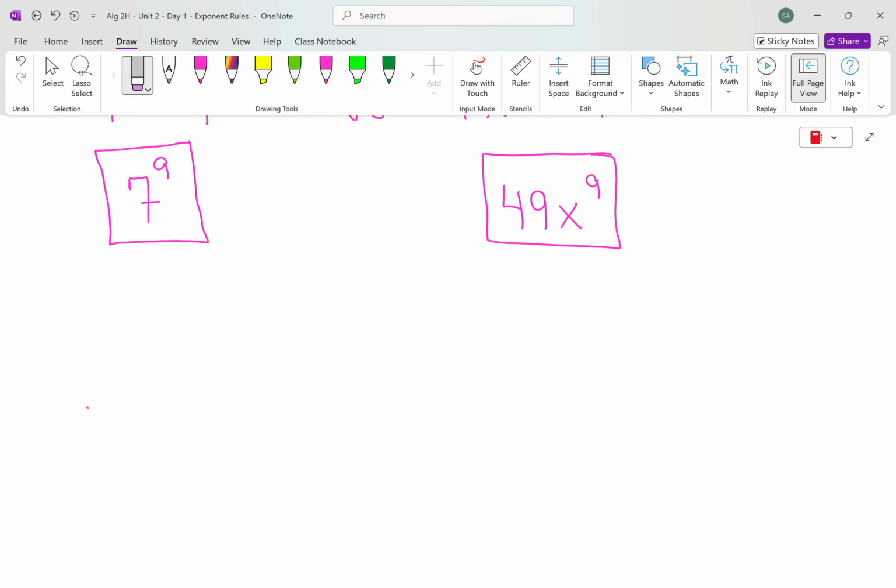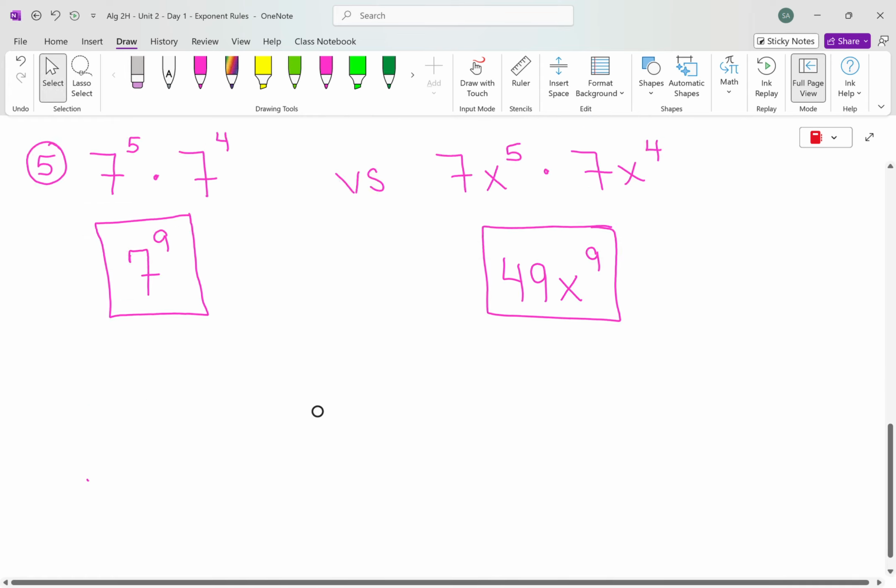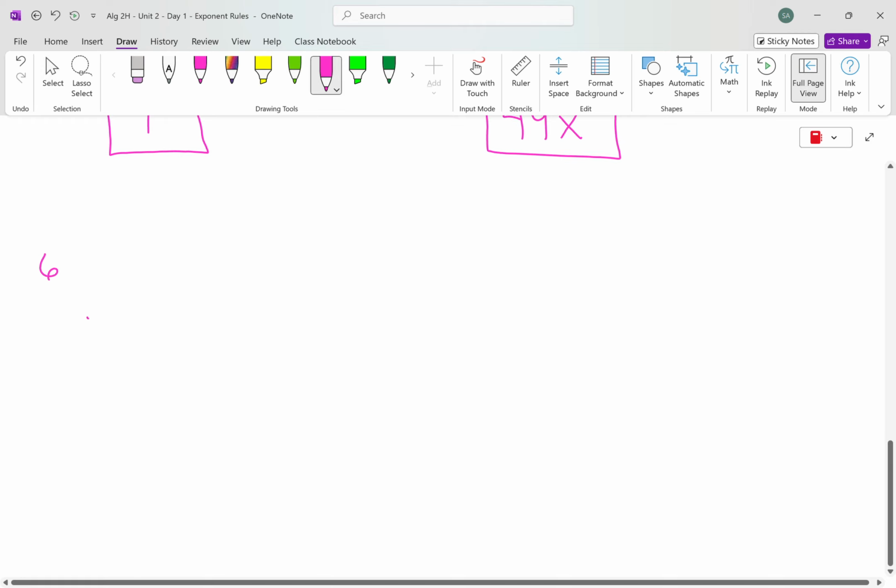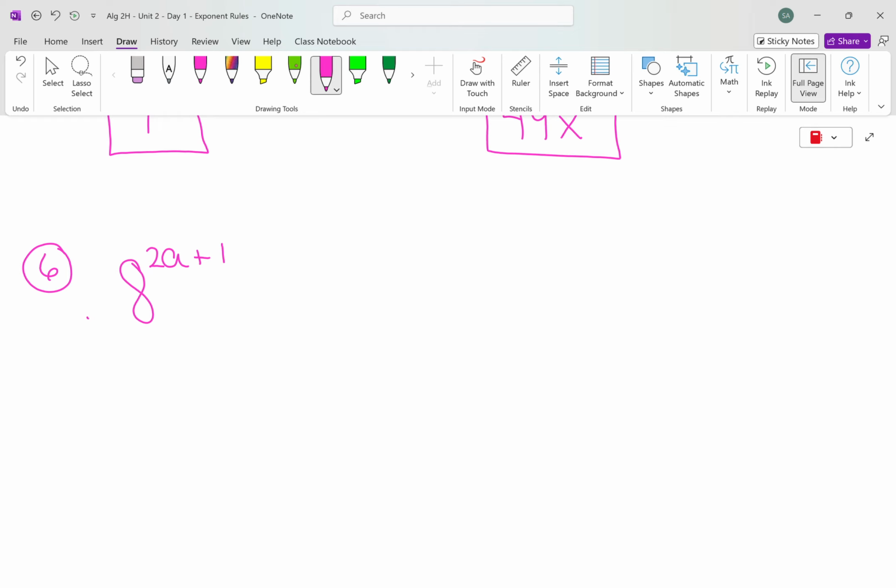Okay, let's keep going. Is 8 a base or a coefficient?